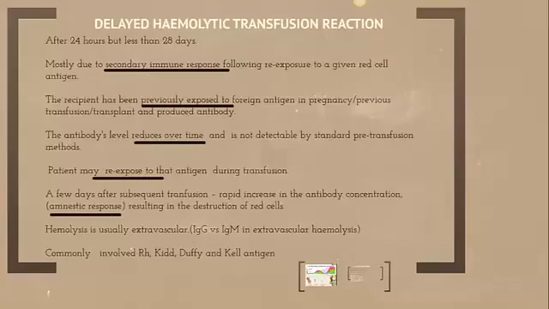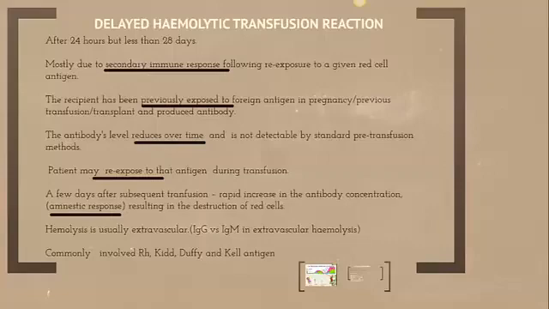The recipient actually has been previously exposed to foreign antigen in pregnancy or previous transfusion or transplant, and it will produce antibody against the red cells antigen. For example, during pregnancy, probably the fetus has red cells antigen that is absent in the mother.